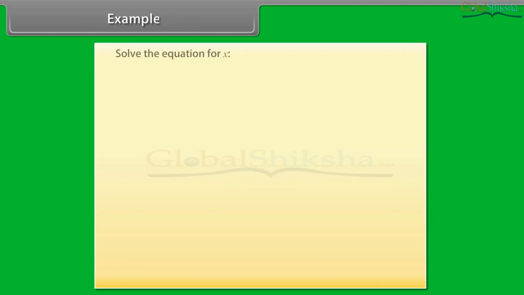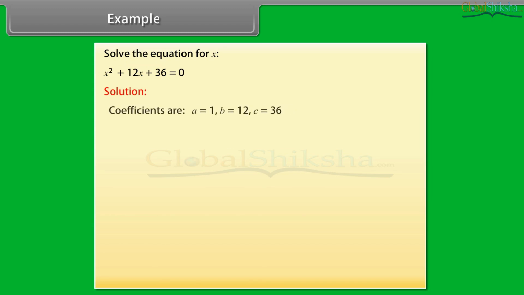Example: solve the equation for x. X square plus 12x plus 36 is equal to 0. Solution: coefficients are a is equal to 1, b is equal to 12, c is equal to 36. D is equal to b square minus 4ac.